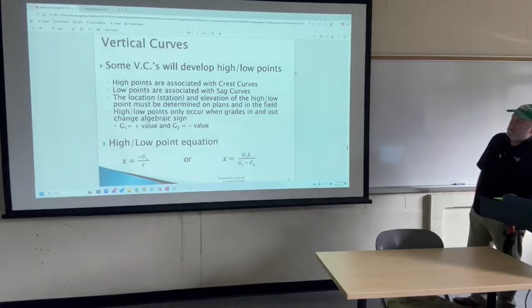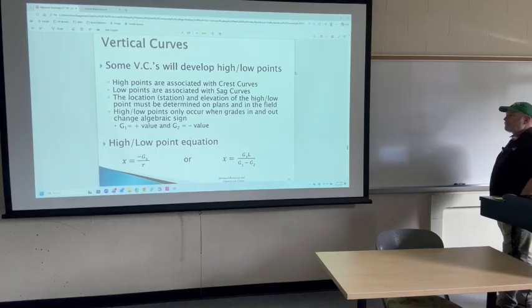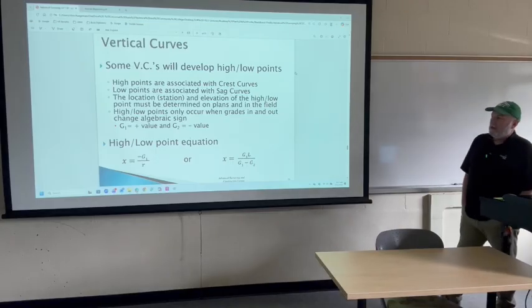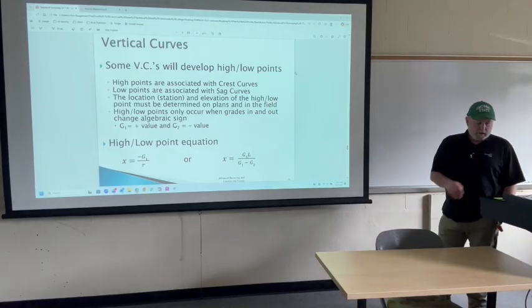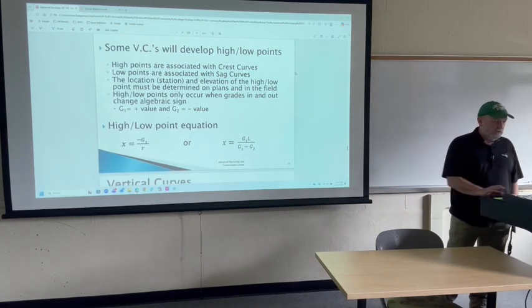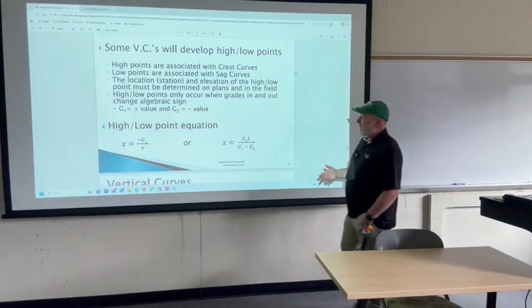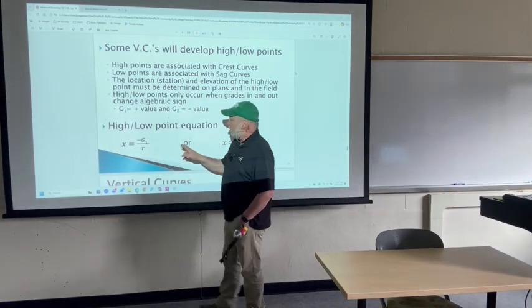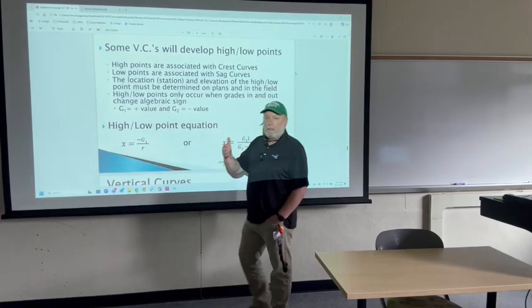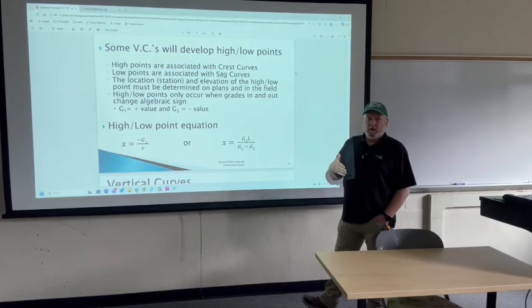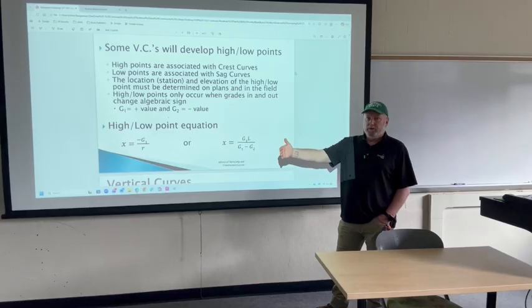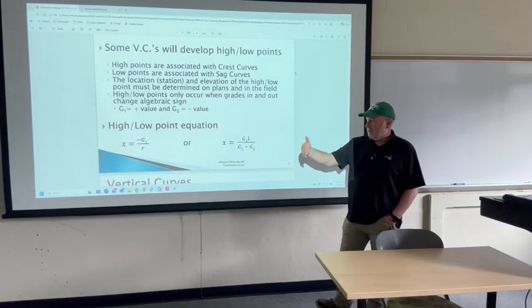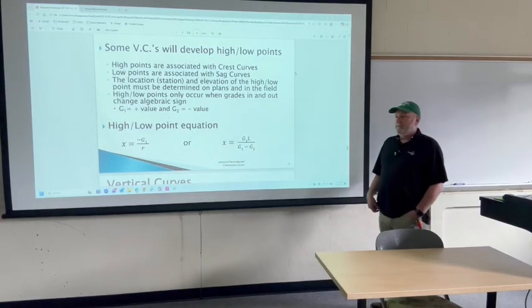So here's a little fun thing you need to do. To find the high point or low point, you need to solve for x. In this case, x is going to be the distance from the begin vertical curve station to the high point or low point station.